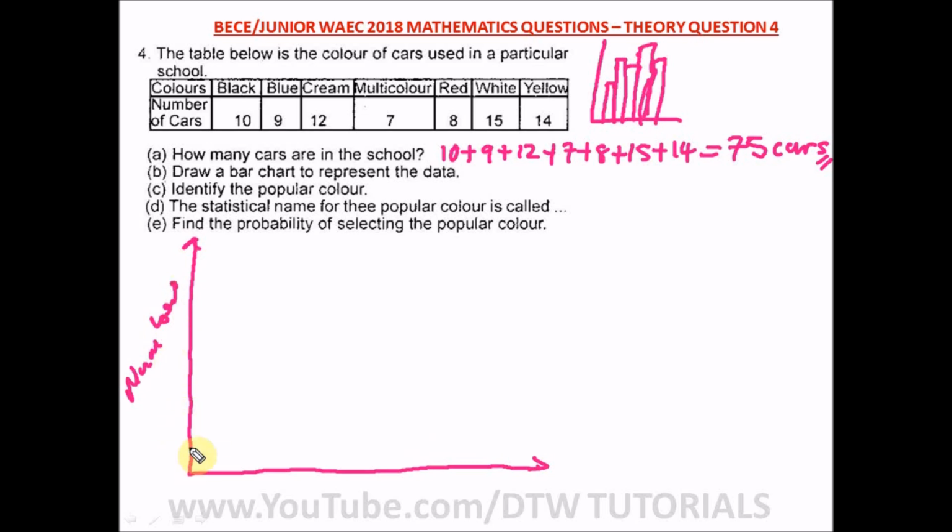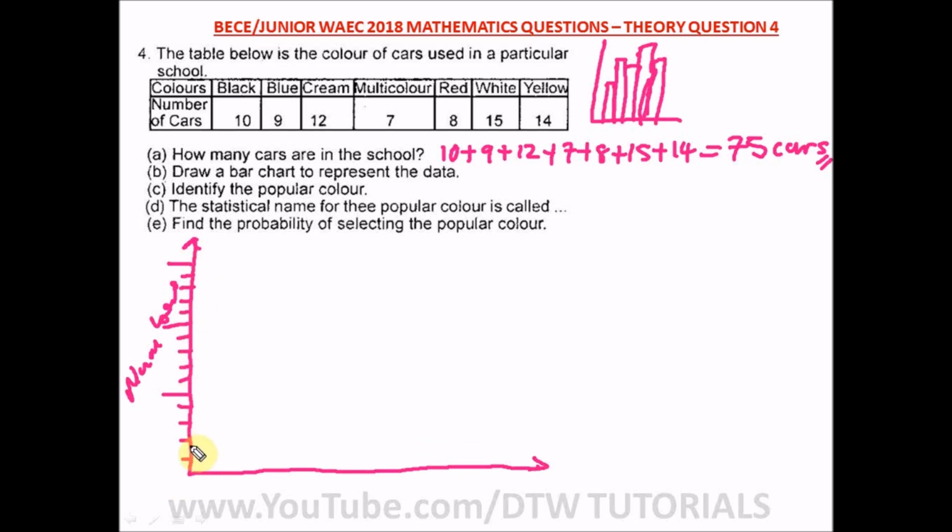So let's say this is 0, this is 1, this is 2, 3, 4, then we have 5, then we have 6, 7, 8, 9, and we have a 10 here, then 11, 12, 13, 14, then 15. They might give you a graph sheet to answer this on, or maybe just a plain sheet, but make sure you use your ruler and make sure you do your numbers this way.